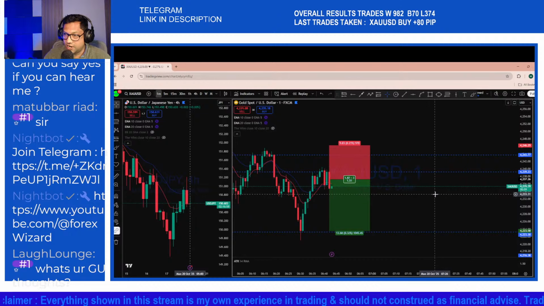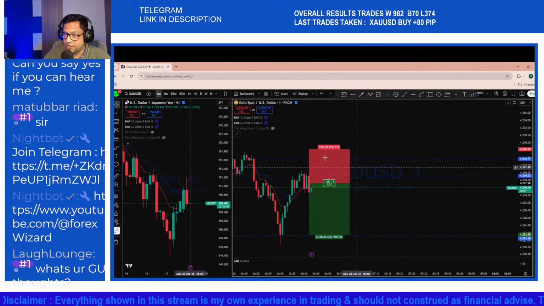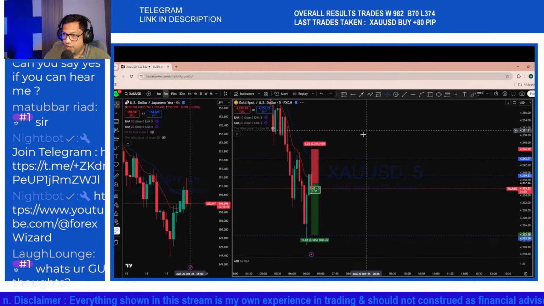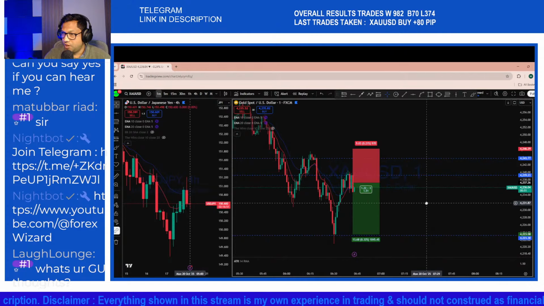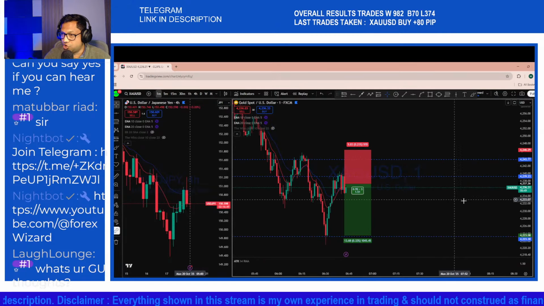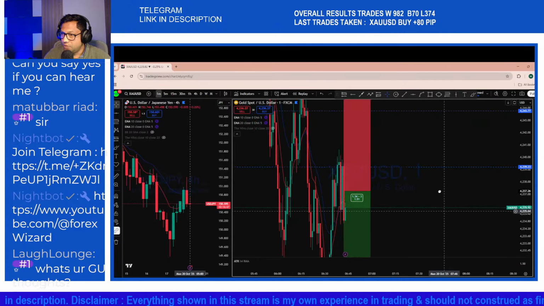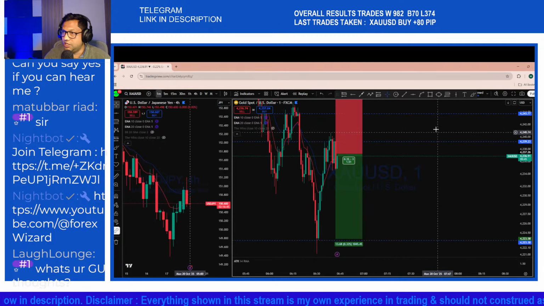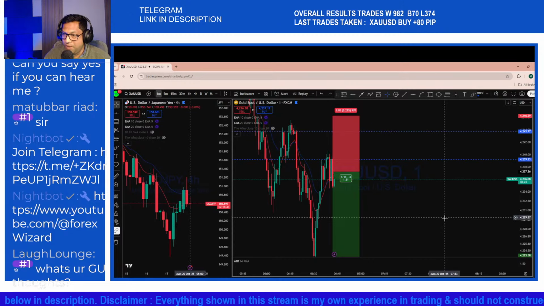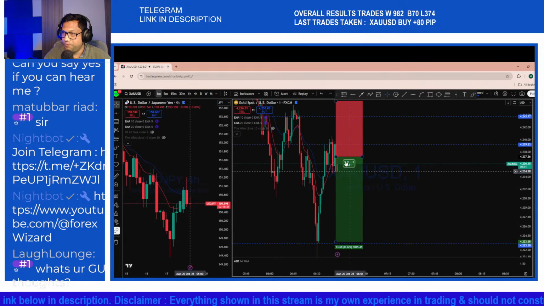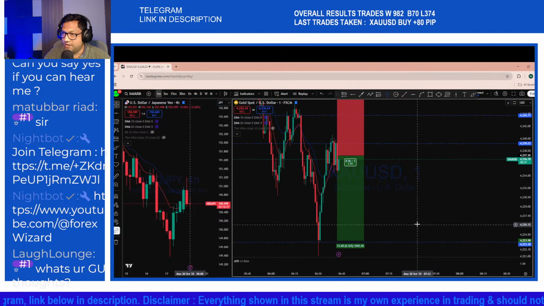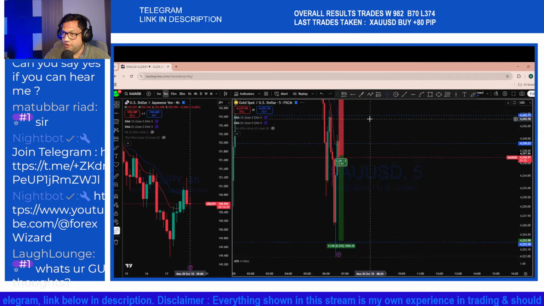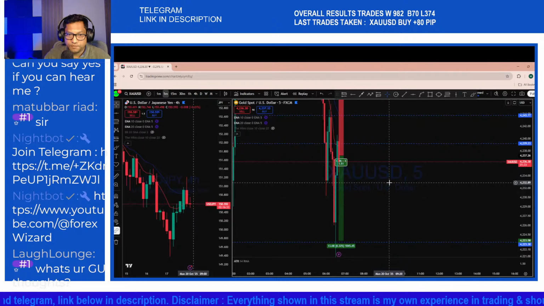It's a little volatile here. This is what I'm expecting, the market to break below again to the long-term support level. Now there is a structure formation here, and that's what we're looking to see, potentially breaking below here. If this structure breaks below, that could lead the market back down to this support level.